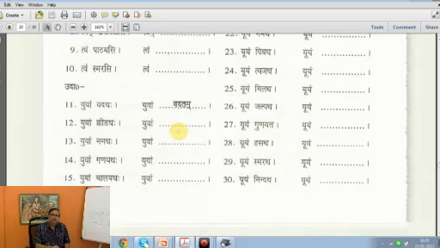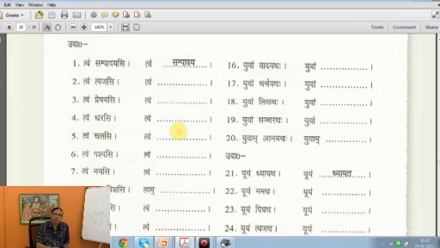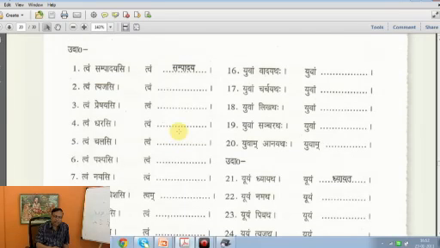Yuvam ganayataha, you both are counting. Yuvam ganayatam, you both count. Yuvam chalayataha, you both are driving. Yuvam chalayatam. Everything should be like vadatam, chalayatam. 16th, yuvam vadayataha, you both are playing some musical instrument. Yuvam vadayatam, you both play.